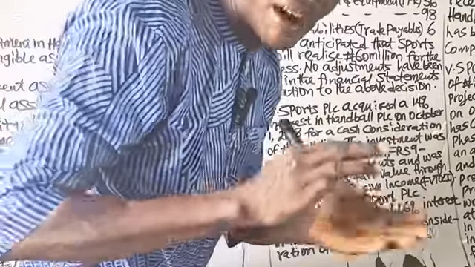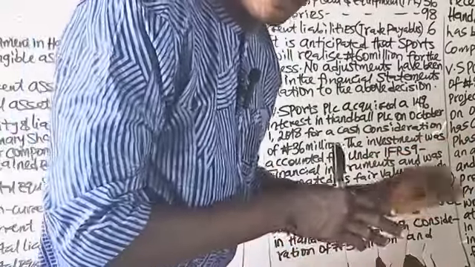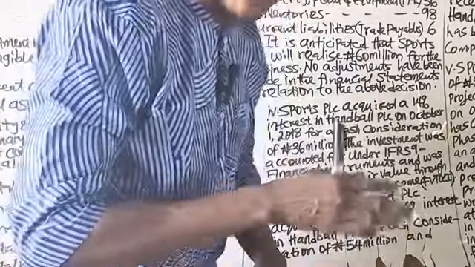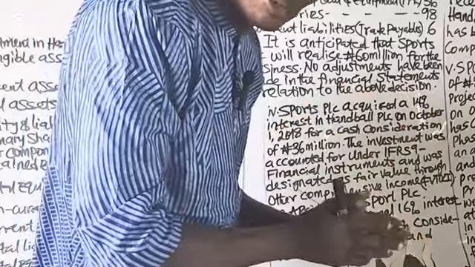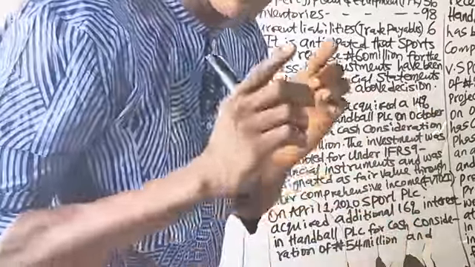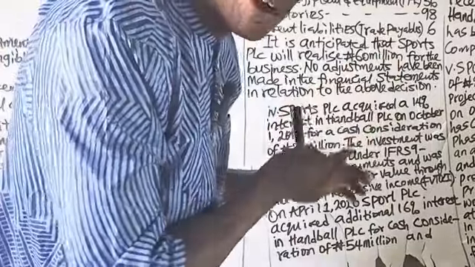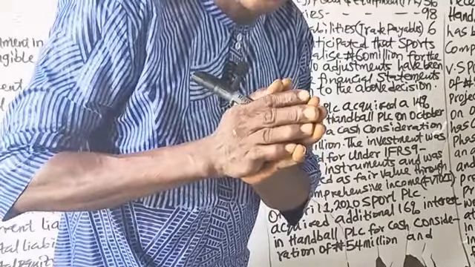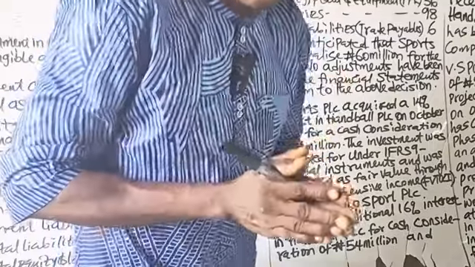Remember, in accordance with IFRS 9, an equity financial instrument can either be recognized as fair value through profit or loss, or as fair value through other comprehensive income. And if you have watched my earlier lecture on IFRS 9, I've told you that the default is always fair value through profit or loss.